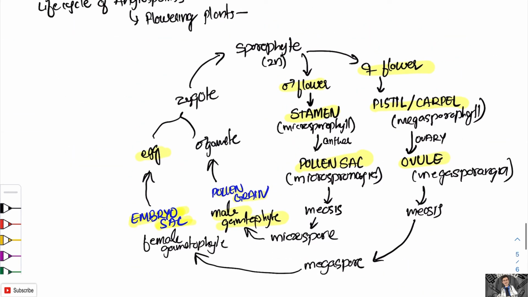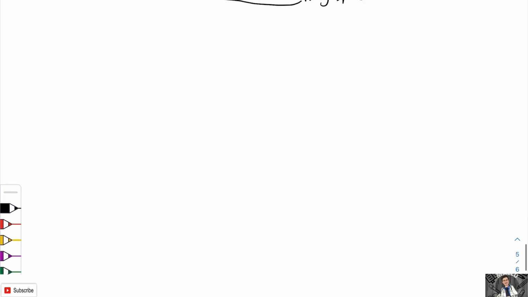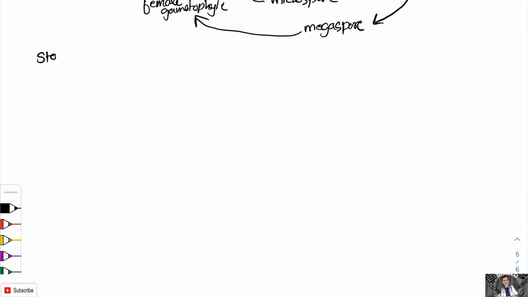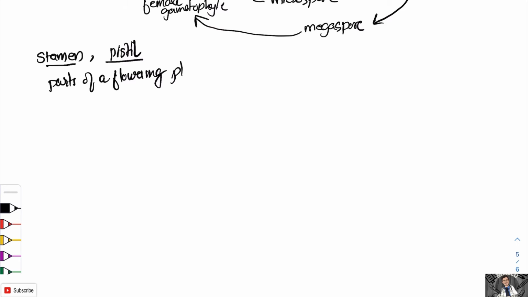Now, we have completed the life cycle of angiosperms, but there are a few new terms for you. First of all, we have a term like stamen, another term pistil. In order to illustrate these parts, I would have to tell you the parts of a flowering plant. Basically, we have two parts, a vegetative part and a reproductive part.